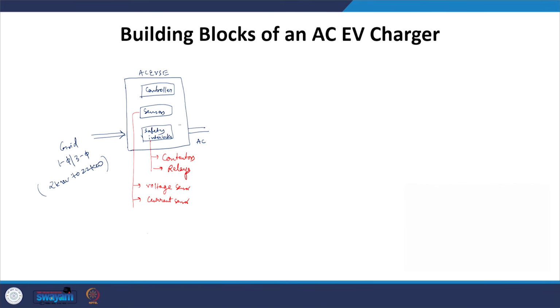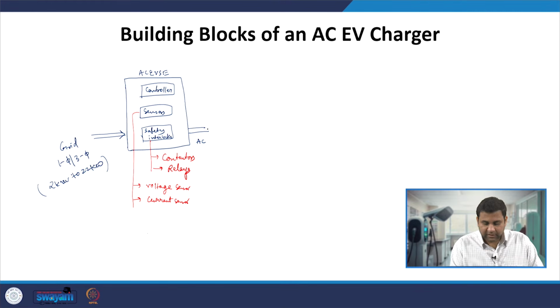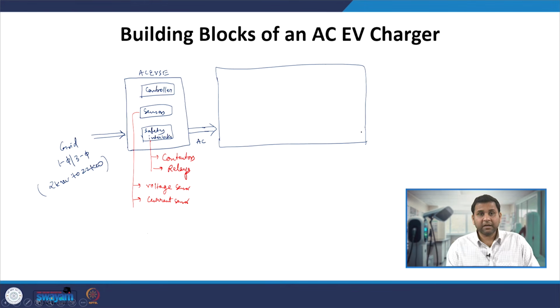Now, the output of this is an AC which goes directly into the vehicle. So in case of an AC charger, you are plugging AC directly into your vehicle. On the vehicle, after the AC input, since your batteries are DC, you need to convert that AC into DC.